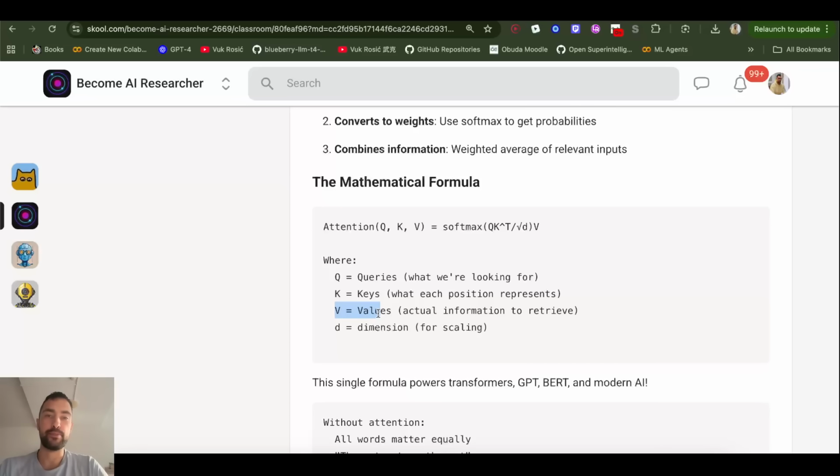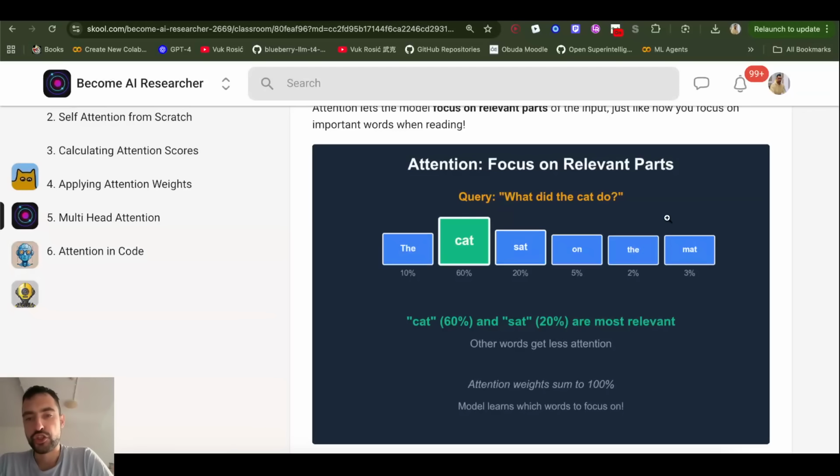That's an important difference. So if we are on this word "the", its query will dot product with all of the keys individually. Okay? So if this token's query is dot-producted with another token's key, as I said, the key is explaining what this token holds, what its information is.